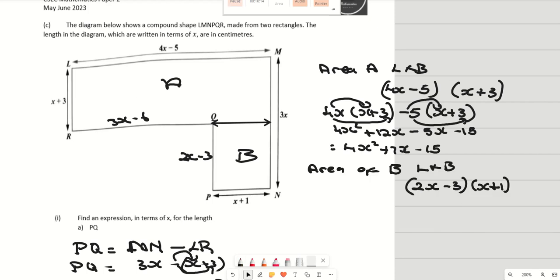Now let's find area of B. That would be when you have two brackets like that, you take the first bracket and each term in the bracket you multiply by a second bracket, right? So that's 2x, which is the first term in your first bracket, multiply by x plus 1, and then a second term in your bracket, which is minus 3, multiplied by a second bracket. That's x plus 1, right?